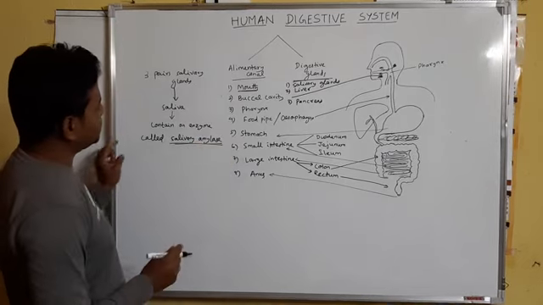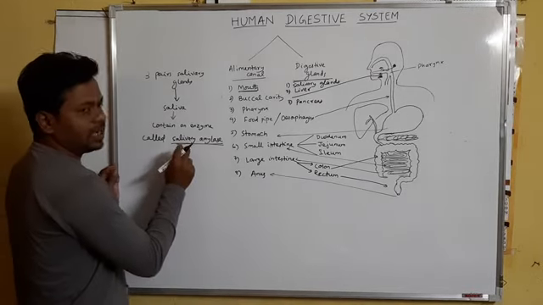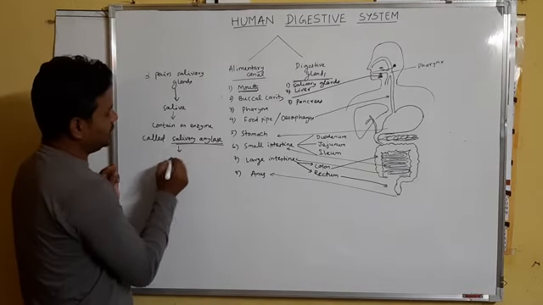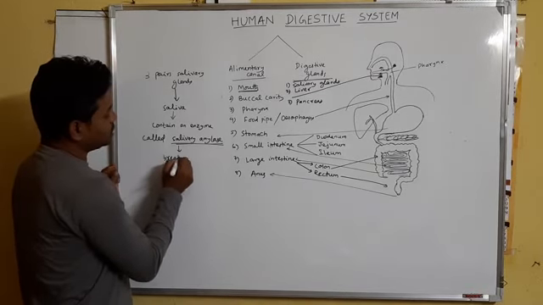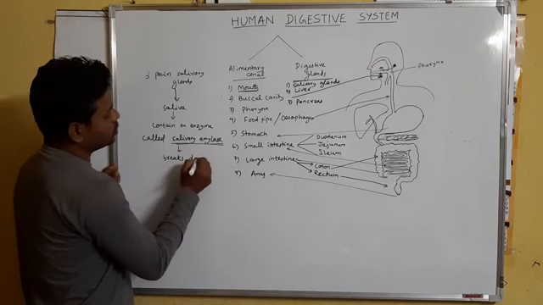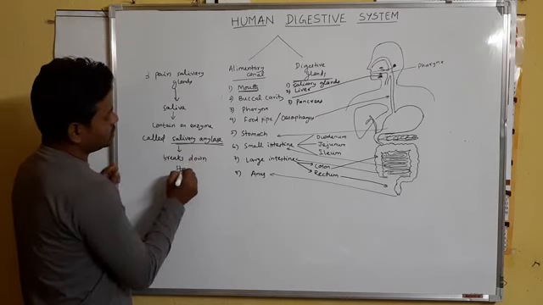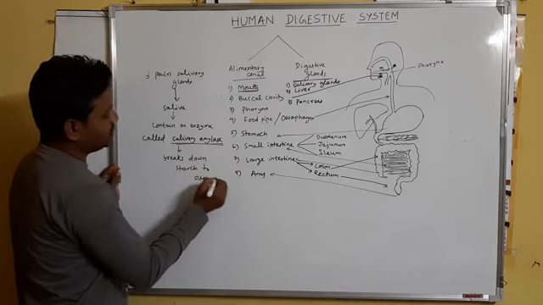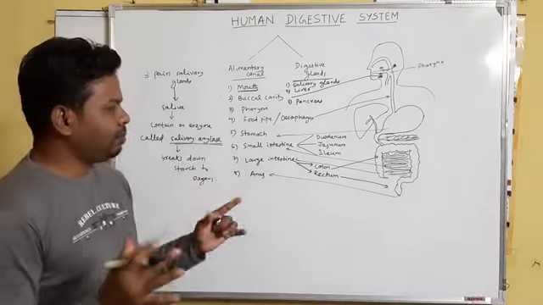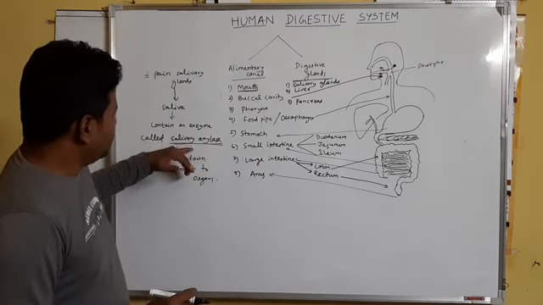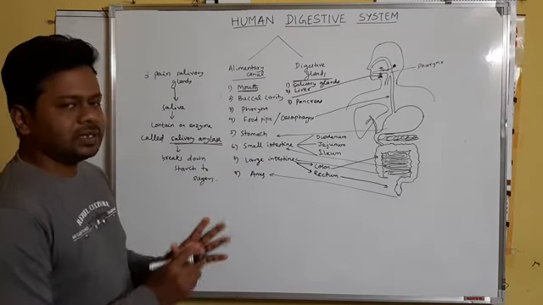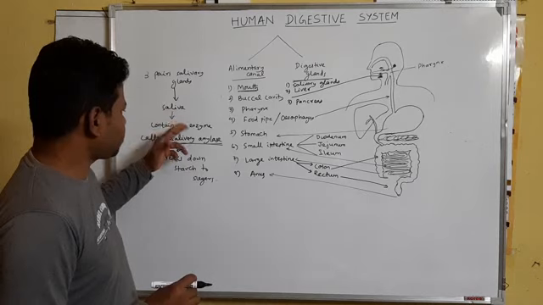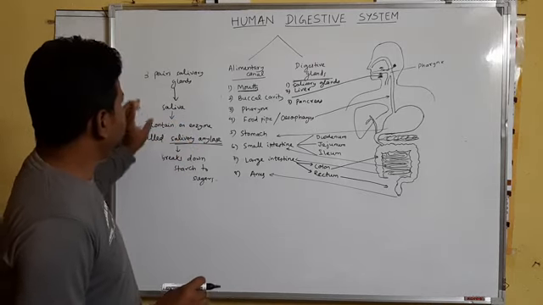The enzyme name is salivary amylase, and what it does is it breaks down the starch into sugar. Starch to sugar. It means starch is a very complex and big molecule. With the help of salivary amylase, the starch is broken down into sugar, and this is done by the saliva.